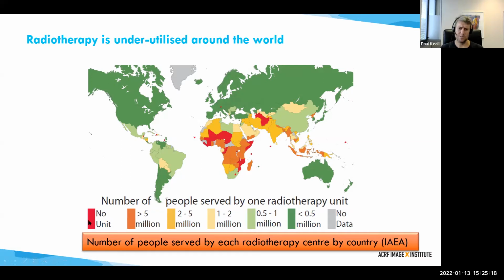Red is where there are no radiotherapy units, so they either don't get cancer treatment with radiation therapy or need to travel to a different country.